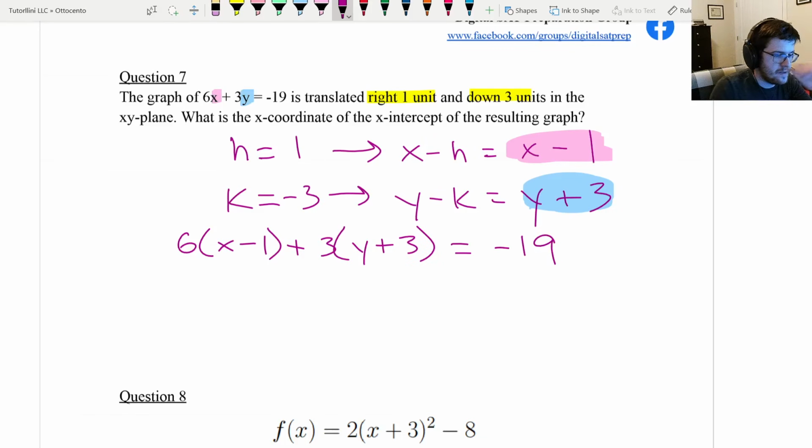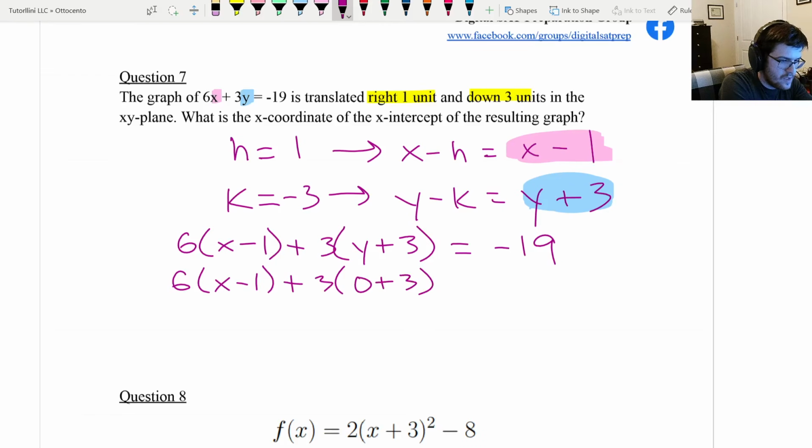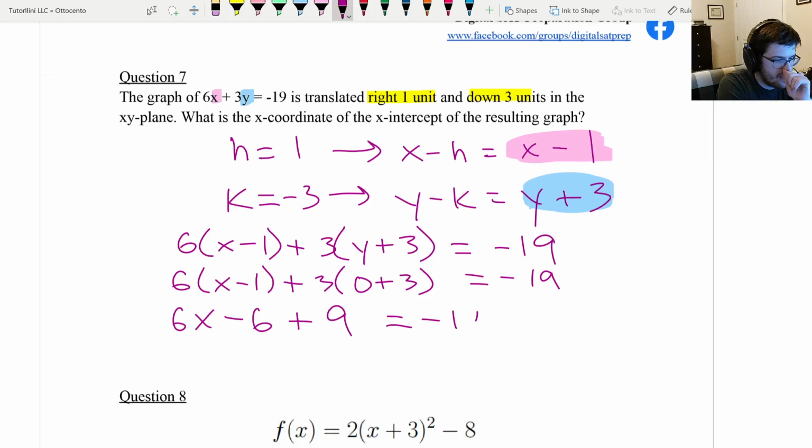equals negative 19. And we want to find an x-intercept, so we're going to plug in y equals 0. So we get 6x minus 6 plus 3 times 3, which is 9. So 6x, negative 6 plus 9 is 3.